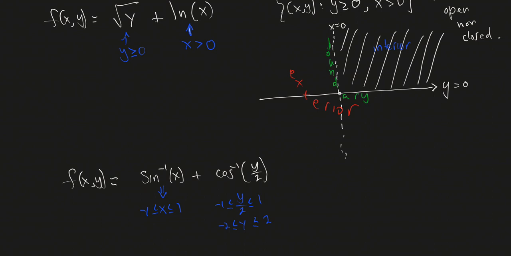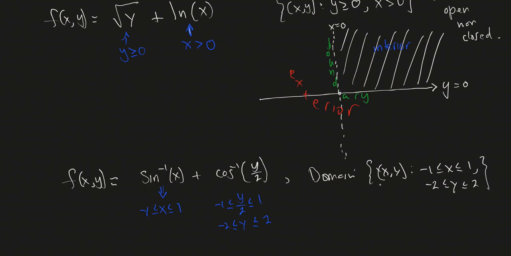So here is the domain, right? As usual, I'll start by writing it as a set: all values of x between plus or minus 1 and all values of y between plus or minus 2.